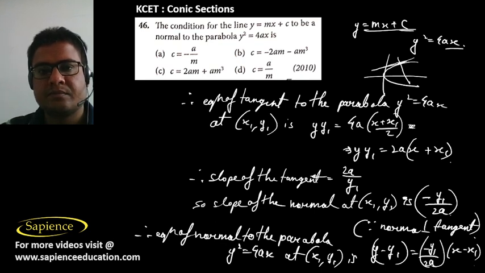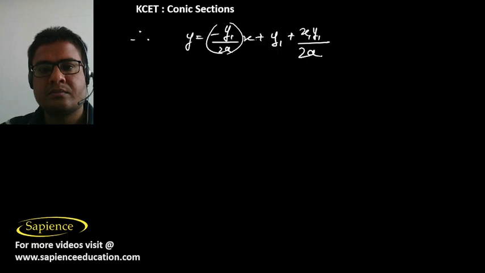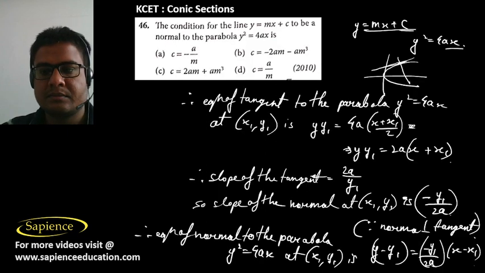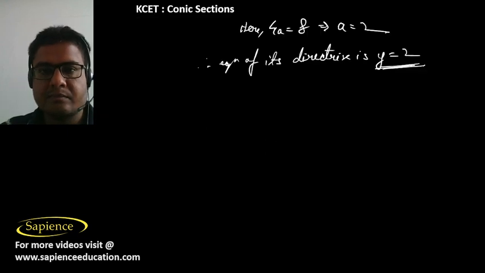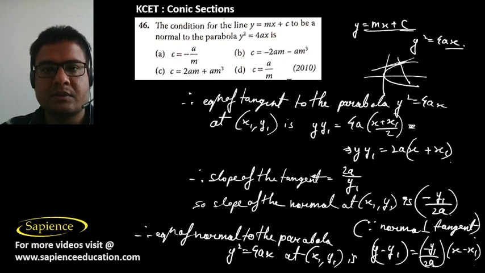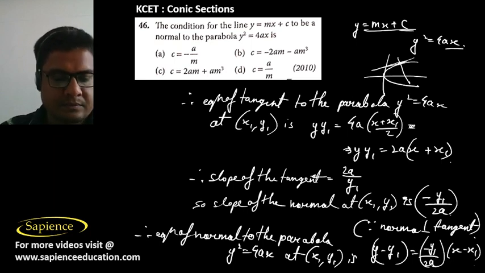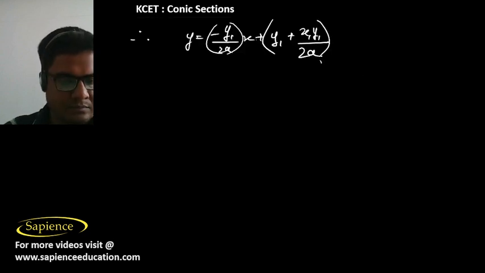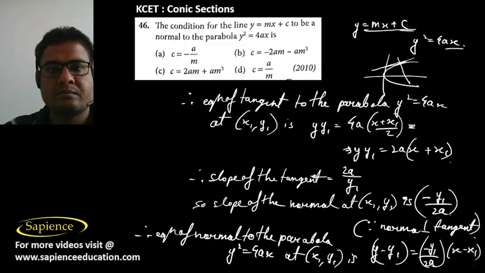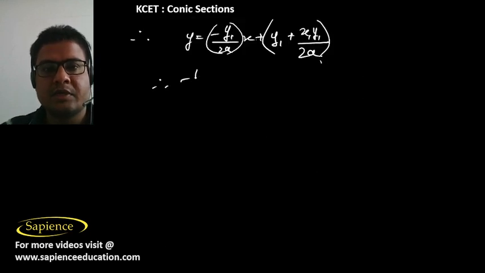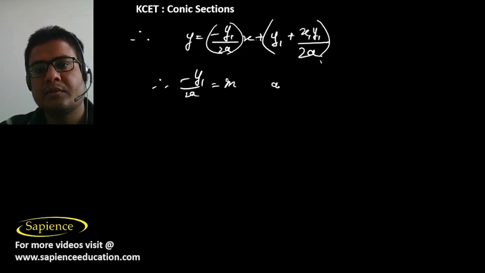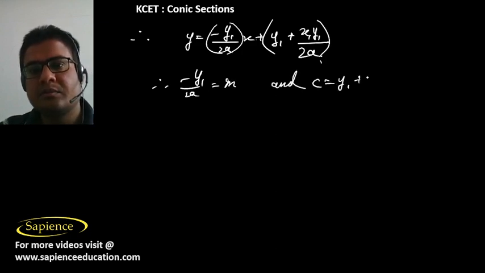Okay. So therefore this will be the slope and this will be the value of c. So minus y1 by 2a should be equal to m, and c should be equal to y1 plus y1 into 1 plus x1 by 2a.